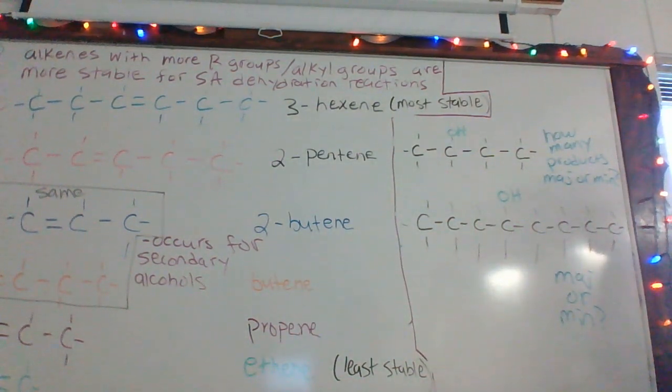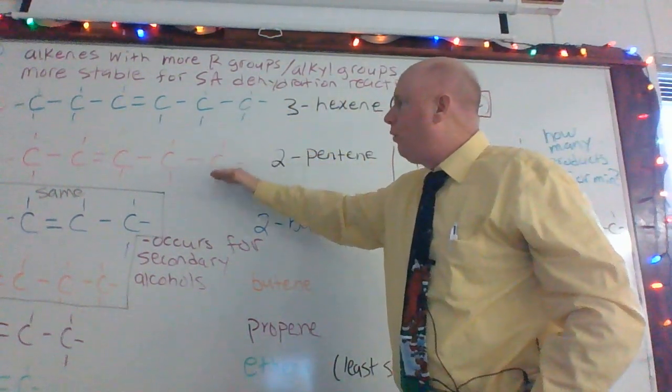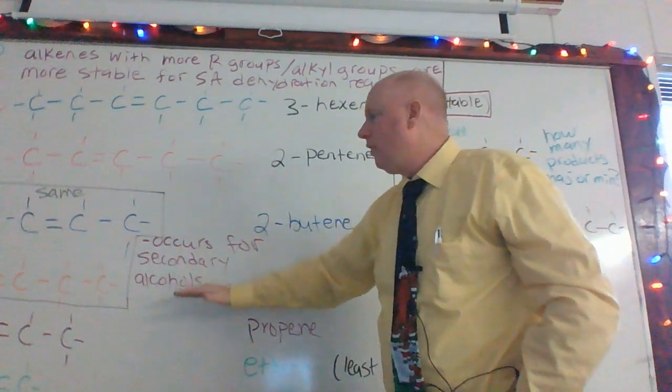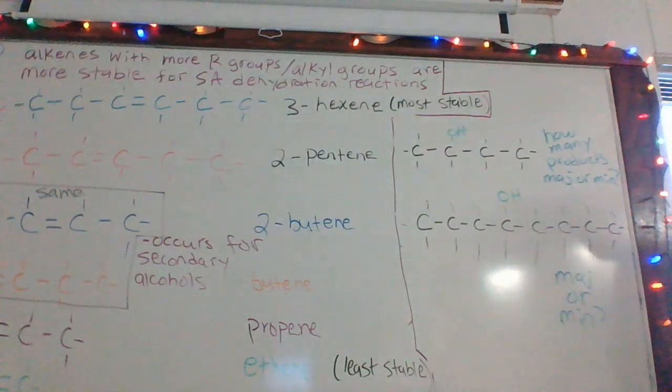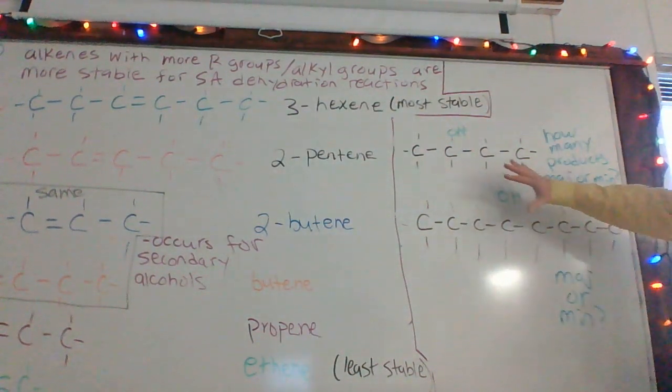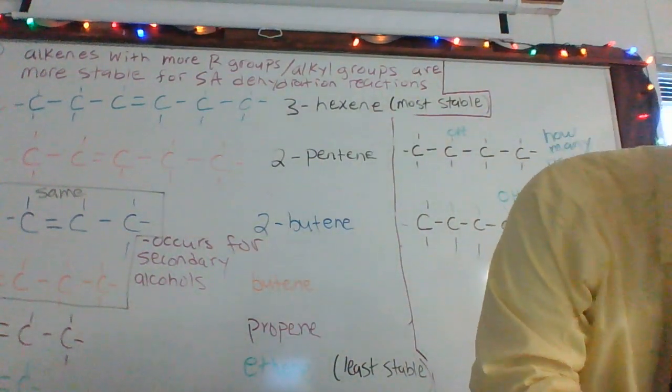That's just a chemical property, I would believe, of these types of compounds. When we apply that to this, it's going to make more sense. So we're almost done here.